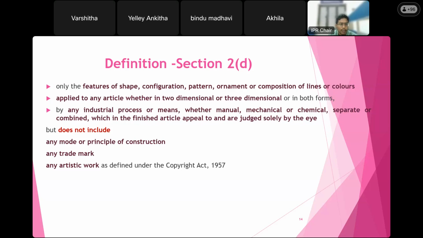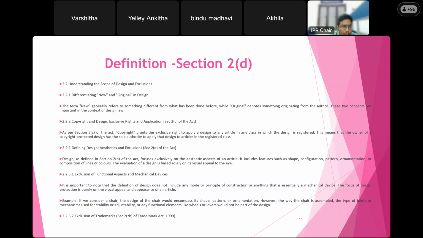Whatever has been defined in the Copyright Act as artistic work does not come under industrial design. This is a very important definition. I will discuss in detail what exactly it says in the next slide, understanding the scope of the design and exclusion.